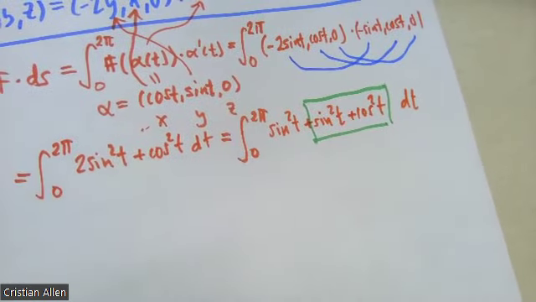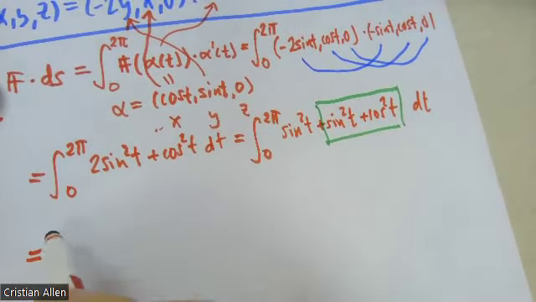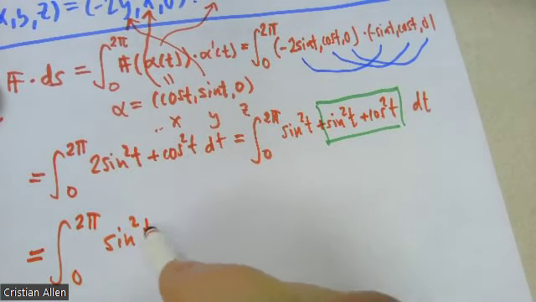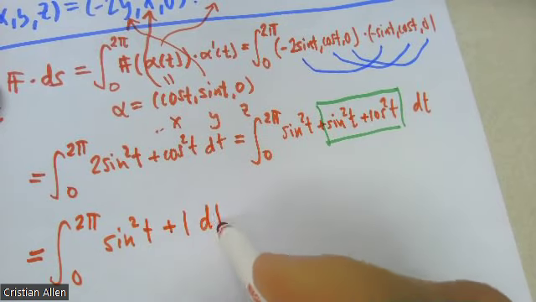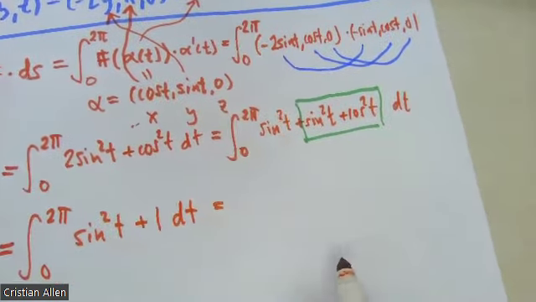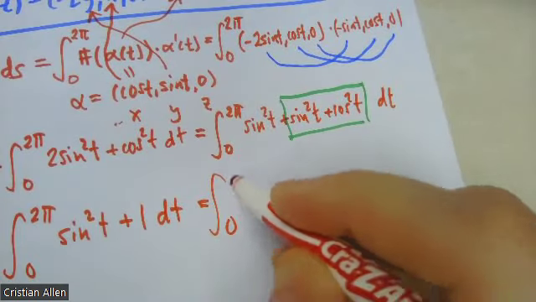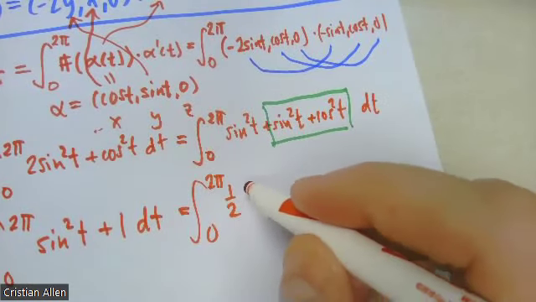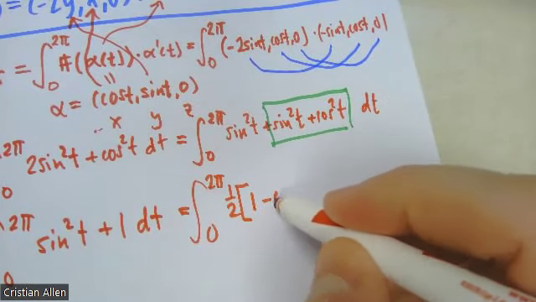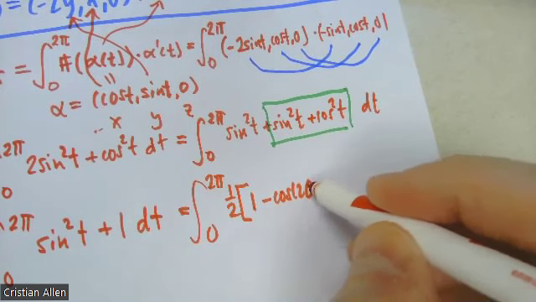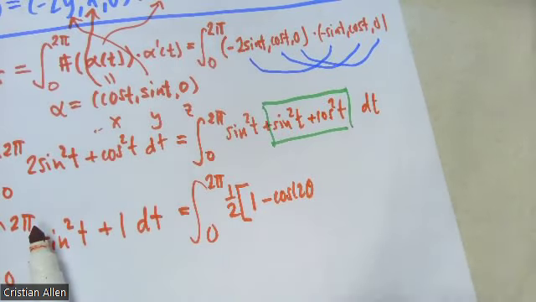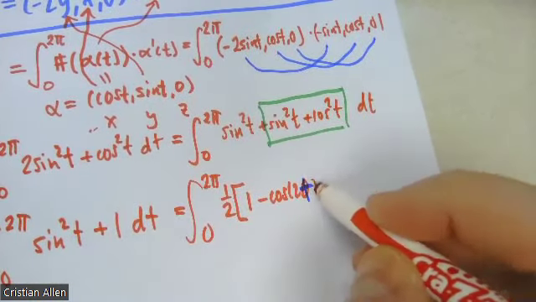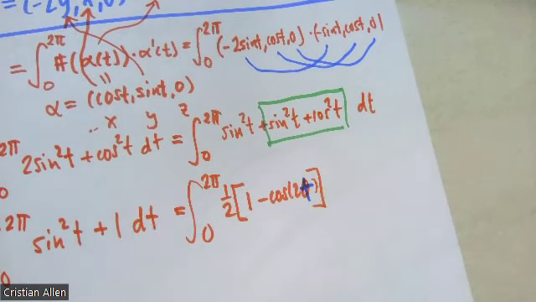So we can come down here: sine squared t plus 1. Okay, now we can apply our power reduction formula. So sine squared is always going to equal 1 minus cosine of 2 theta, or in this case, t, all over 2.